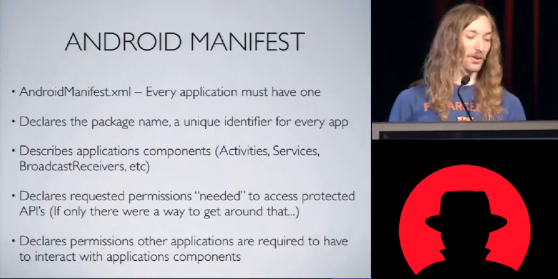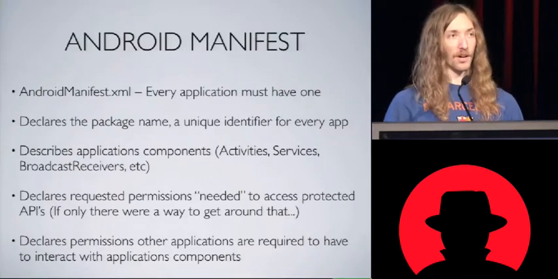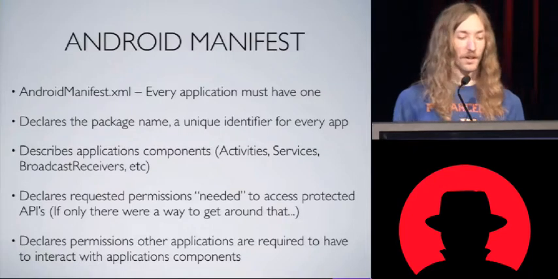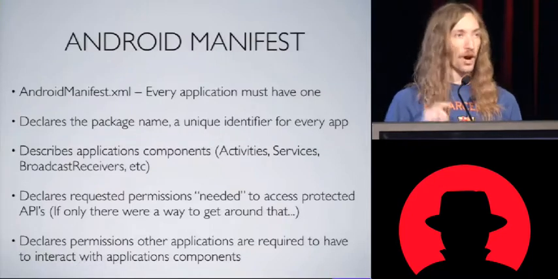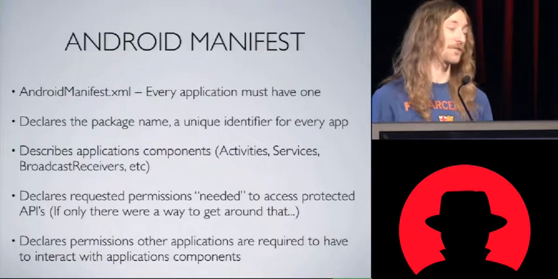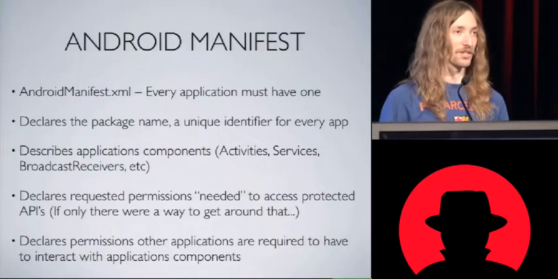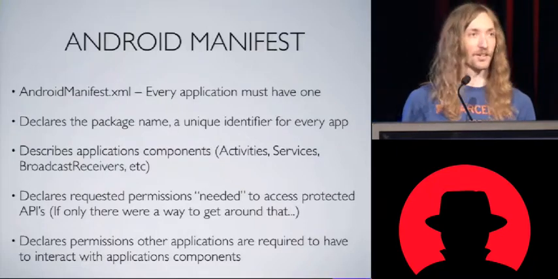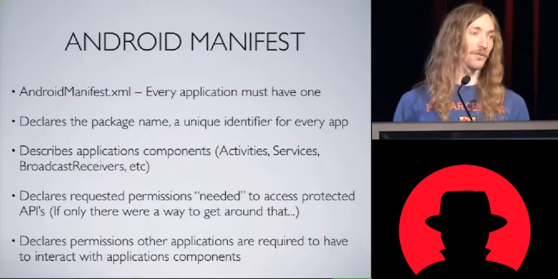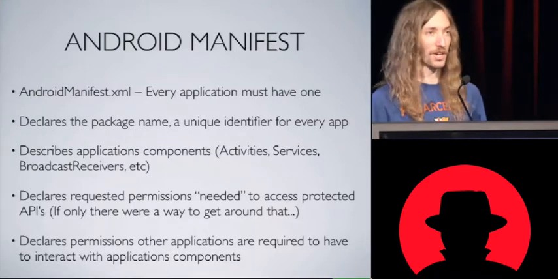These also are going to describe all of the components of the application. So all of your activities, all of your intents, broadcast receivers, that kind of stuff. Also, all the permissions that the application needs.